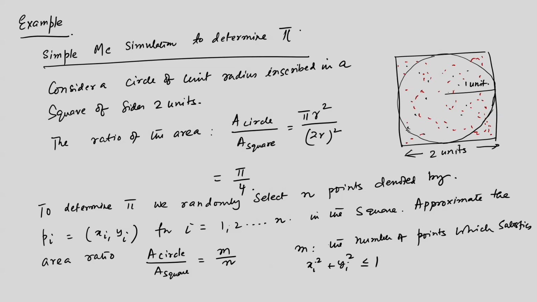So, these m are the points that actually lie in the circle, and n is the total number of points. So, pi can be evaluated using 4 into m by n. Now, we know both these numbers, m and n, just multiply by 4, which will give you the value of pi. Okay. We'll see more examples of this MC technique.